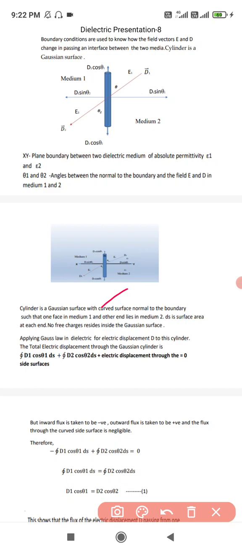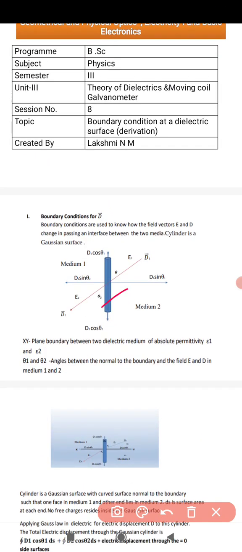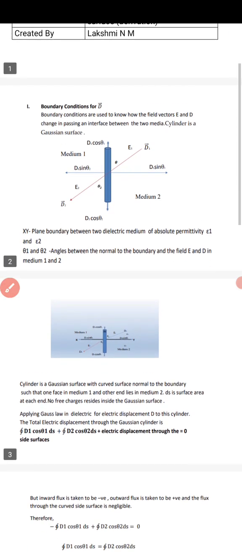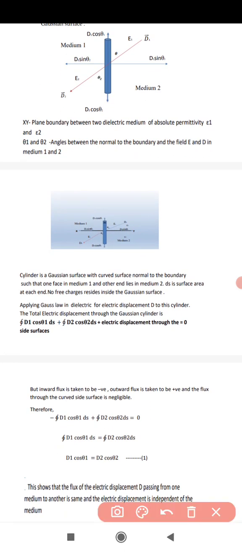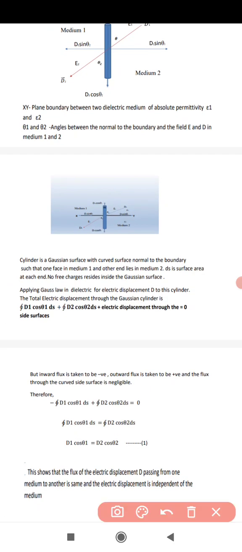Now the cylinder is a Gaussian surface, with its curved surface normal to the boundary, such that one face lies in medium 1 and it ends in the second face in medium 2.